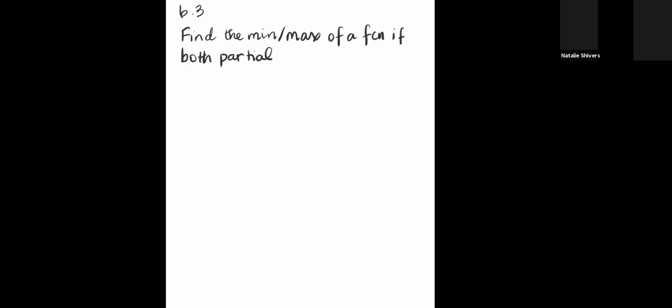So we're going to find the min or max of a function if both partial derivatives equal 0 at the same time.